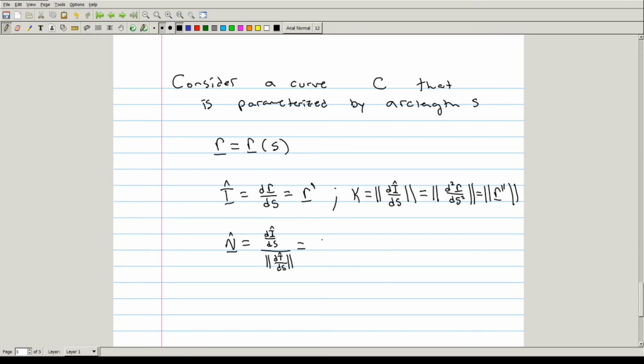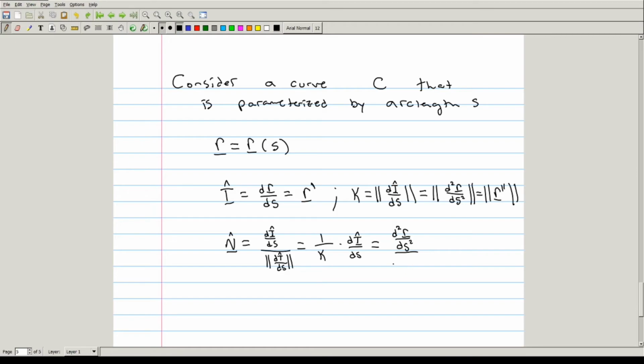Which is the same thing as 1 over the curvature function times this derivative, or the second derivative of r with respect to S divided by the curvature.